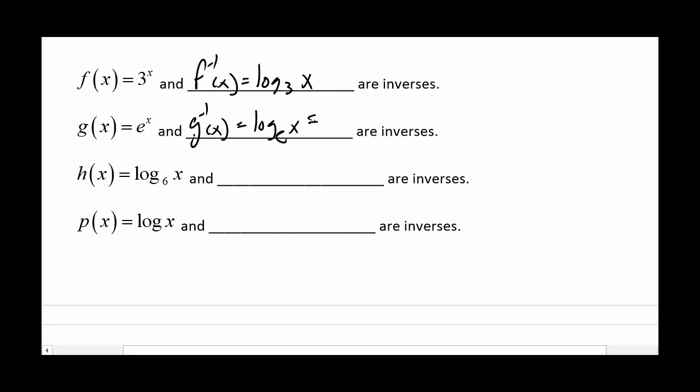Now, we actually have a notation for log base e, and that's just ln x. Log base 6 of x, let's go the other way. The inverse of that would be 6 to the x power. Log of x, well, we have this understood base 10, so the inverse of that particular function would be 10 raised to the x power.